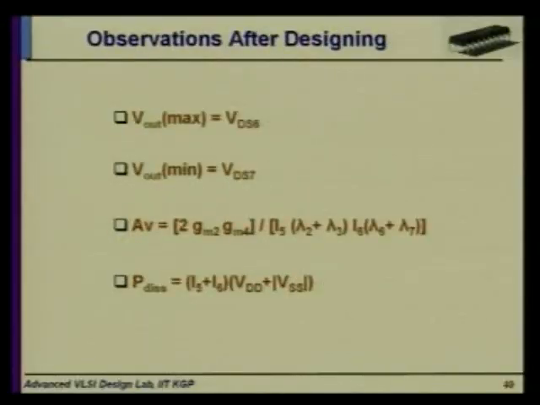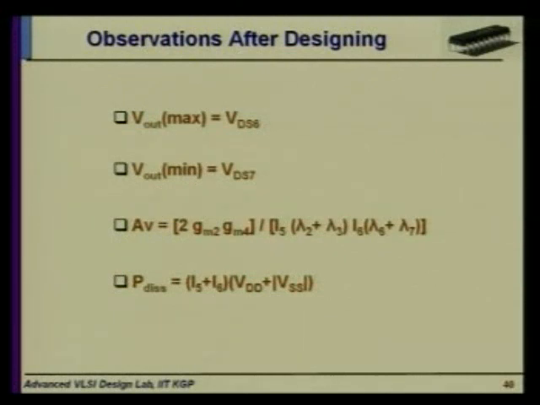We should change L according to the specification, considering whether we have to increase or decrease it. Then we change L, subsequently changing W, and reconsider the results, checking whether they meet the requirements or not. So this is the primary rule for designing.